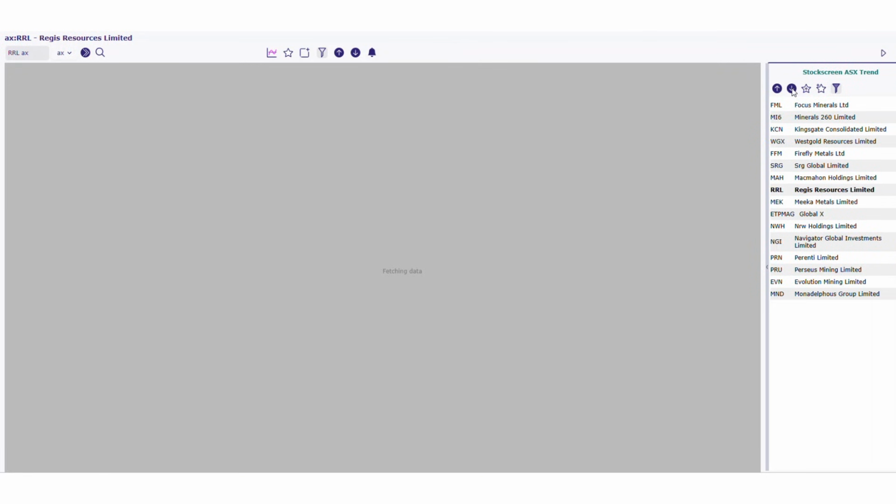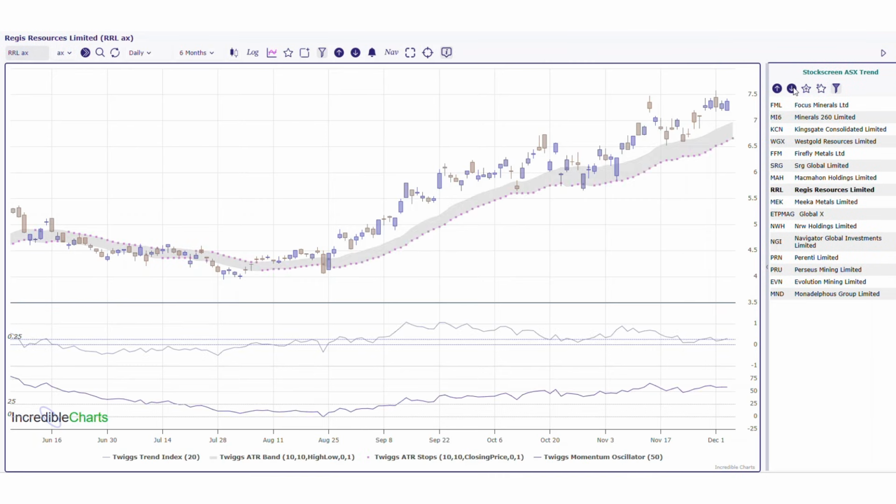Let's see, they all show a similar strong uptrend and healthy momentum and trend index values over the period. Well, that's all for today.